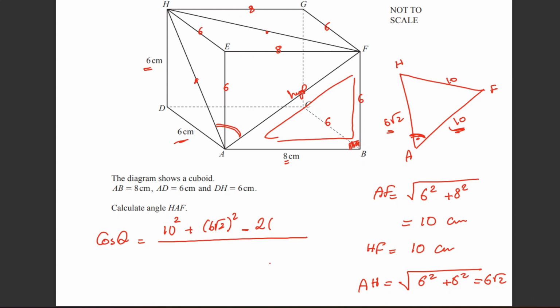So again, the two legs, this power 2 plus this power 2, minus the opposite side, 10 also power 2, divided by 2 times this side 10 times this side 6 root 2.